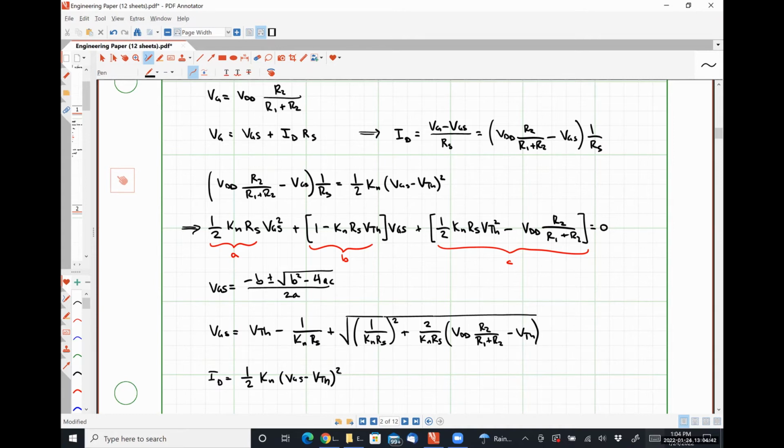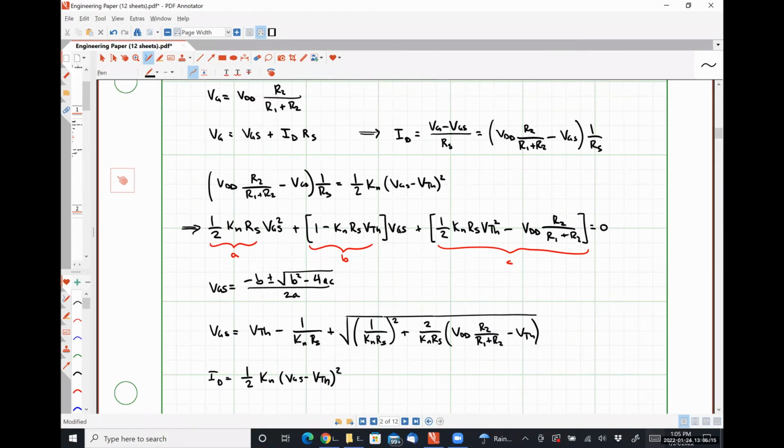So how do we verify that our assumption of saturation mode operation is correct? Anybody have any thoughts? Anybody remember what the constraint for saturation mode operation is? The first one is that VGS needs to be greater than VTH so that the device is on and able to conduct.